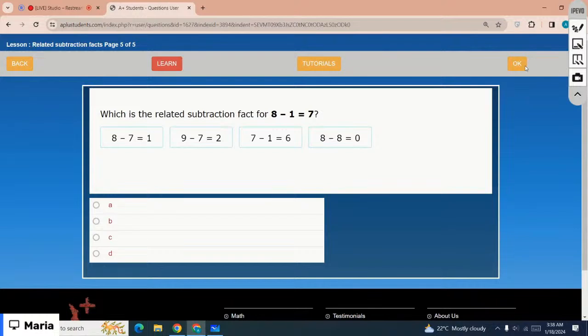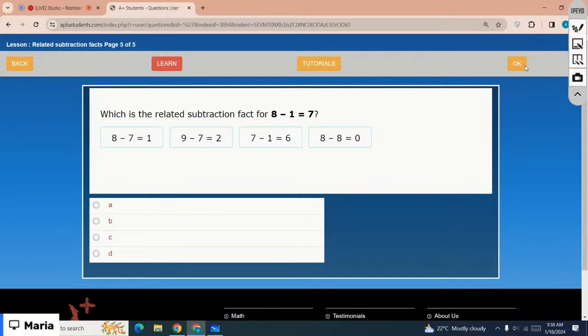Which is the related subtraction fact for 8 take away 1 equals 7? 8 take away 1 equals 7.